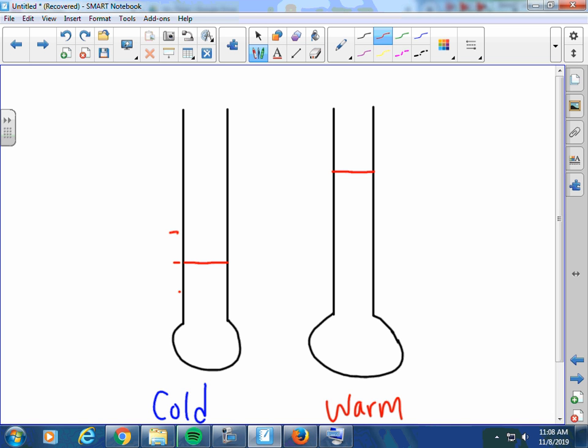Why 6? Because there's 6? Okay, I like 6 because it's not a crazy high number. Okay, 6 particles. How many in the warm? Still 6. Why?